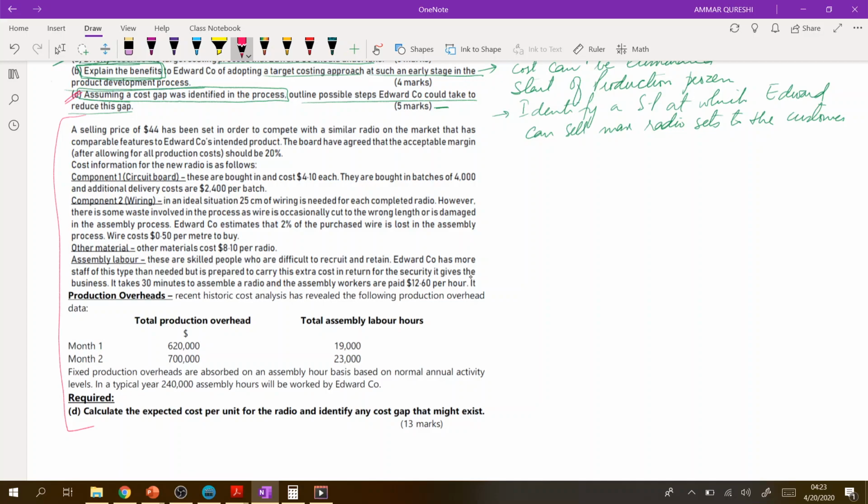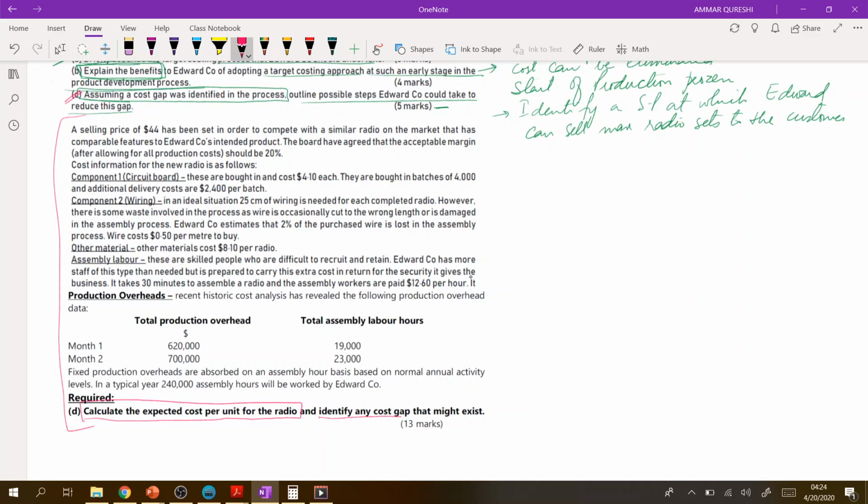If you do not read this part, you will be recommending general steps to the company. But if you read this part, you will specifically address the issues of the company, right? So let's start reading this requirement. It says, calculate the expected cost per unit for the radio, right? This is a very typical requirement of target costing.